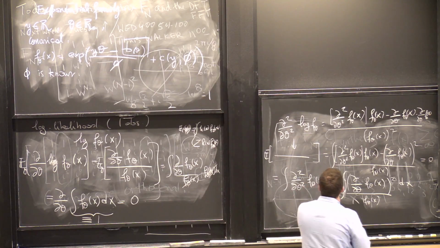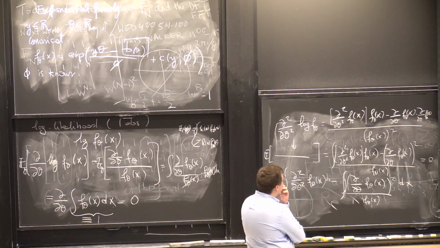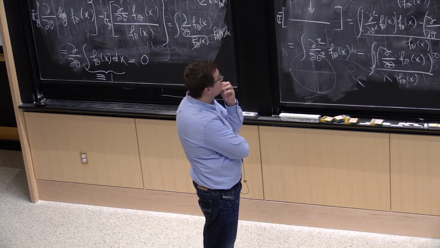Yeah, so I want to pull this out. And so let's see, if I keep rolling with this, I'm going to get that, well, no, because the fact that it's divided by f theta means that indeed the second derivative is equal to 0. So I cannot do this here.